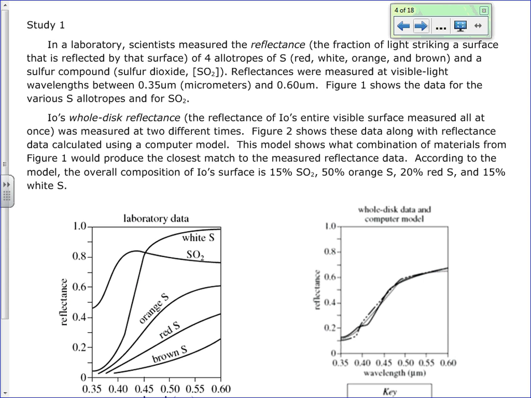Fantastic. All right, that one was a long one. Are there any words that we want to go through from that? All right, to highlight the vocabulary, we definitely want to make sure we understand this word reflectance right here. This is going to become incredibly important for the rest of this passage. Any other words in here?